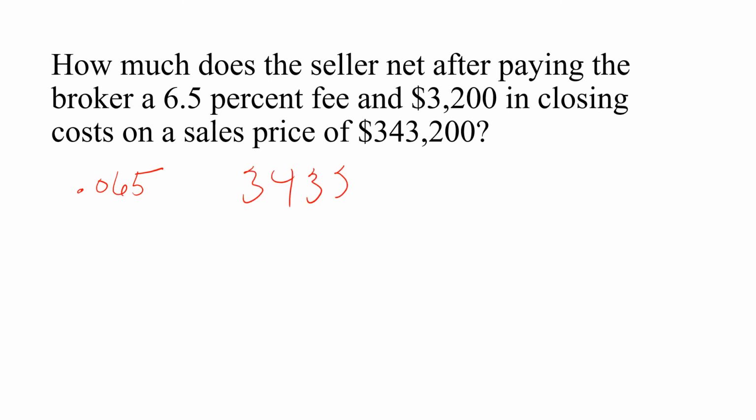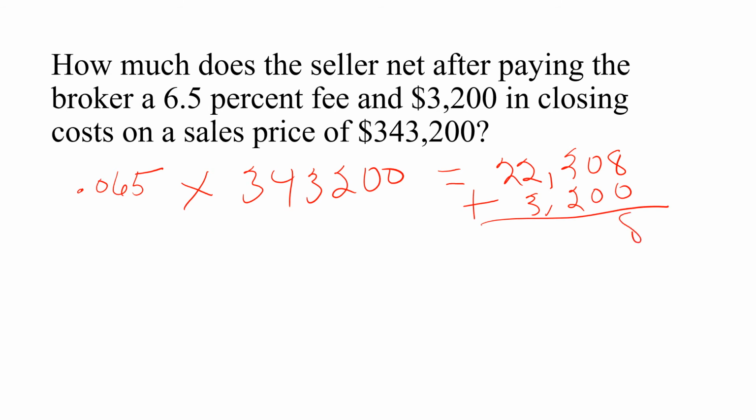So $343,200 times our commission gives us a brokerage fee of $22,308. Isn't that nice? That's why you're getting your license. So to that, let's add our closing costs. And that gives us 25,508.